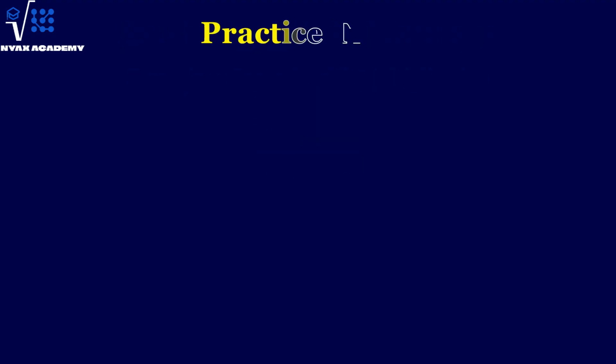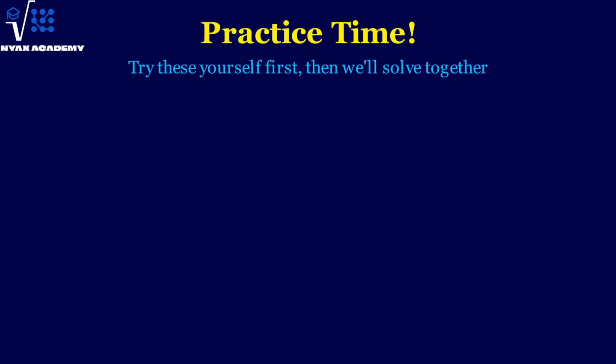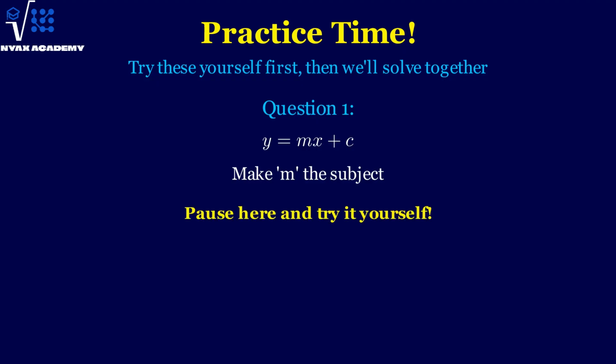Let's move into practicing, and it will be wise to pause the video and try first, then after that we will solve together. We're given y is equal to mx plus c, and you have to make m the subject.